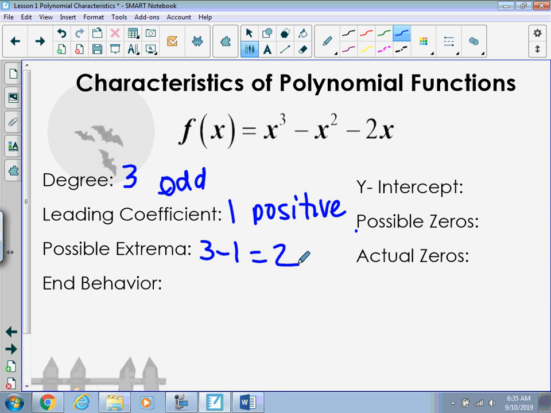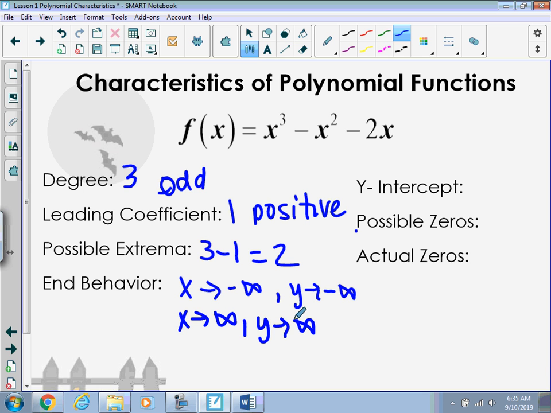The end behavior, now this is where we're going to look at our degree and our leading coefficient. As x is approaching negative infinity, this is an odd function and it's positive, so that means y is also approaching negative infinity. As x approaches positive infinity, y is approaching positive infinity.